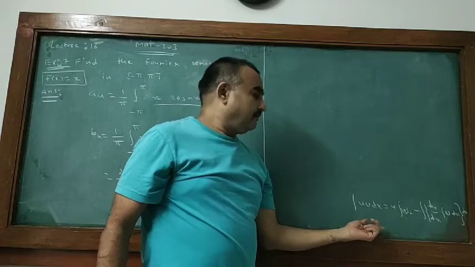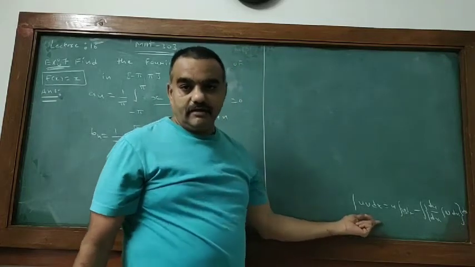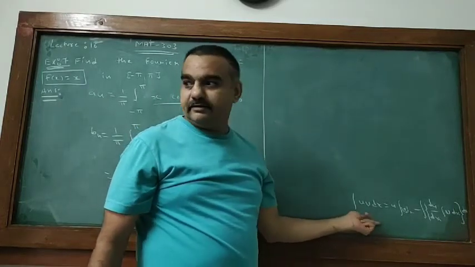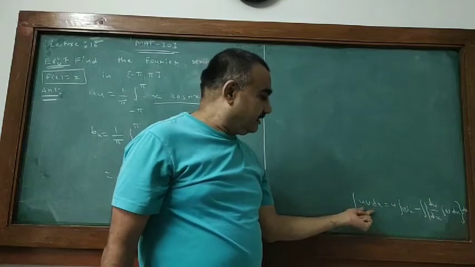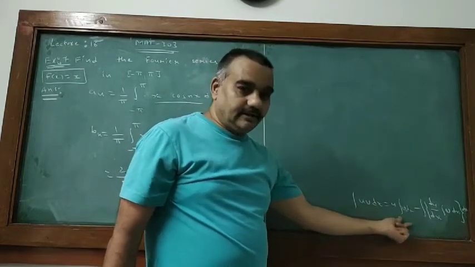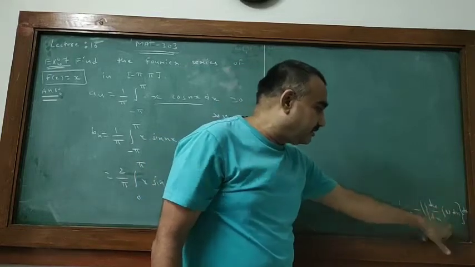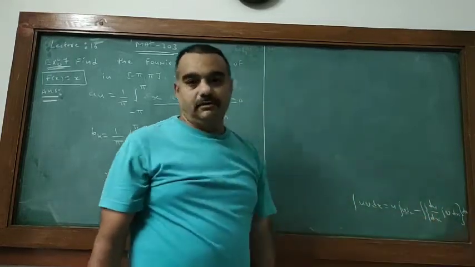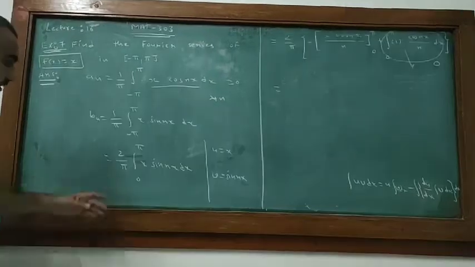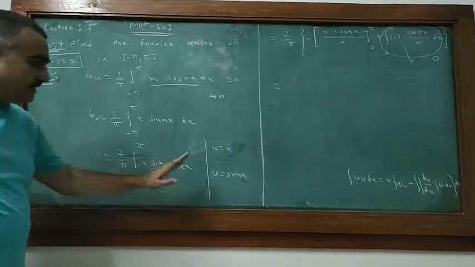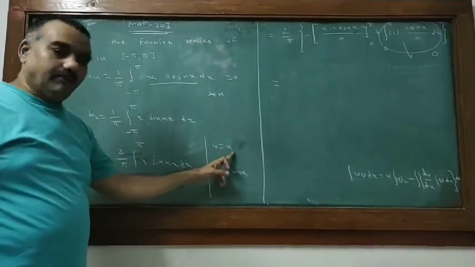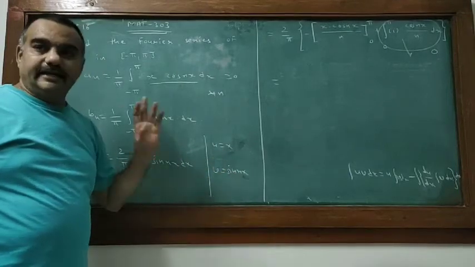Now this is the formula for integration by parts: integral of uv is u times integral of v, minus integral of the derivative of u times the integral of v. In this we choose u equal to x, v equal to sin nx.